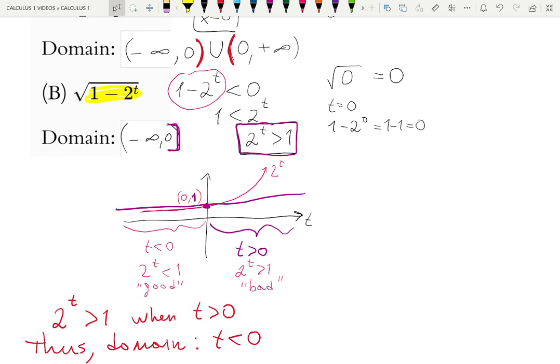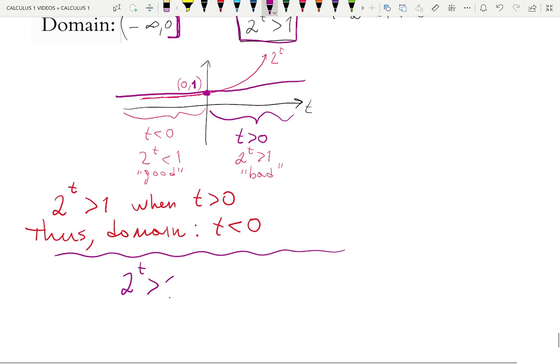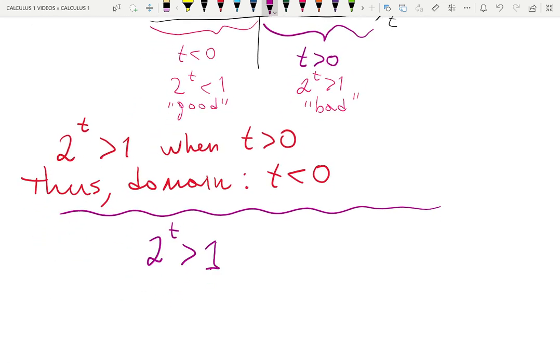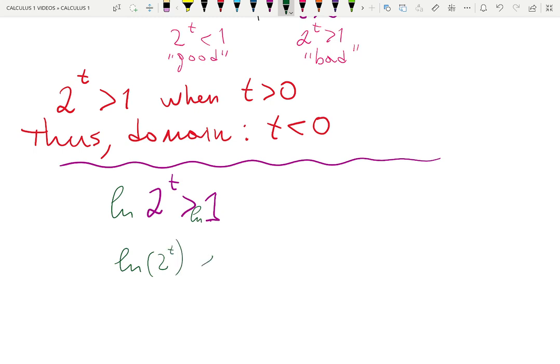Before we move to another example, I wanted to show you the second way of solving the inequality 2 to the t is greater than 1, because we did it graphically. But what if you don't want to use the graphical approach? I personally like to apply ln to both sides. When you apply natural log to both sides, you will have ln of 2 to the t larger than ln of 1.